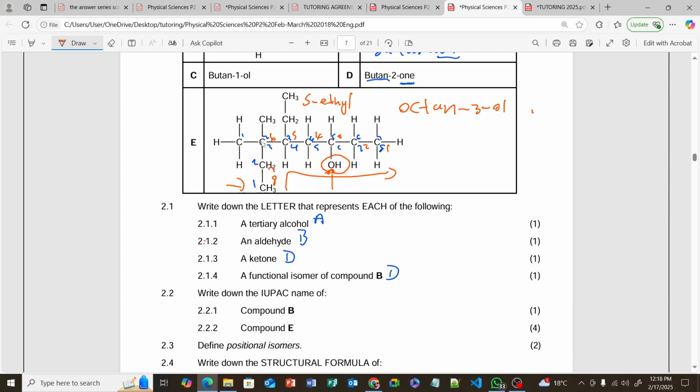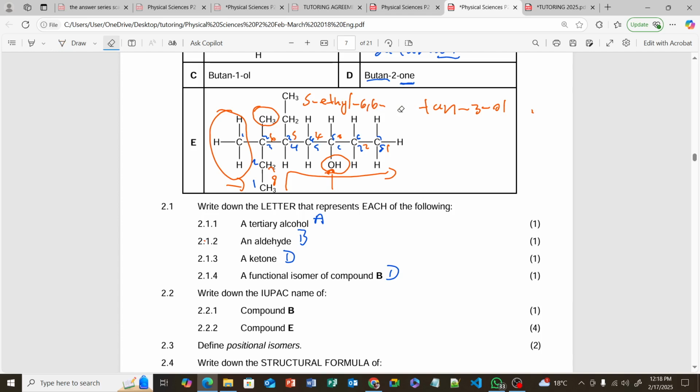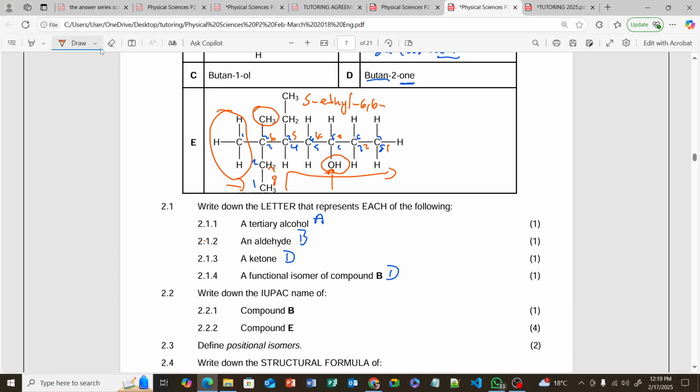Then at position number 6 you have 2 methyls, the first methyl and the second methyl, so it will be dash 6,6 dash dimethyl.